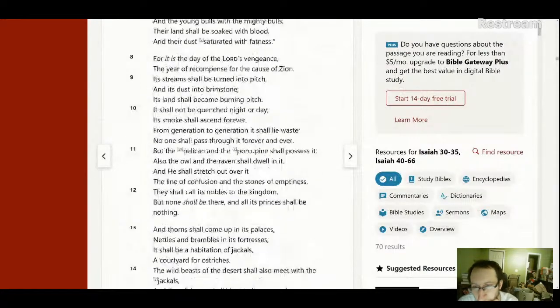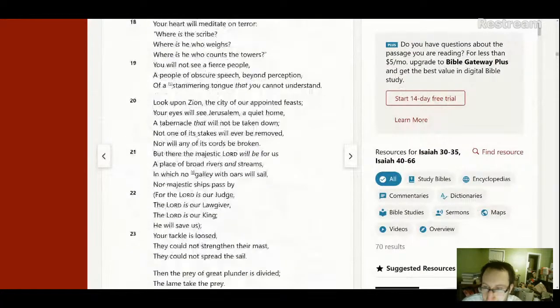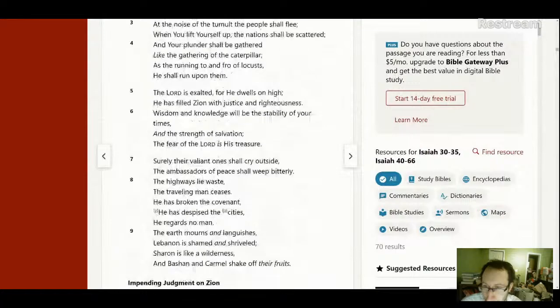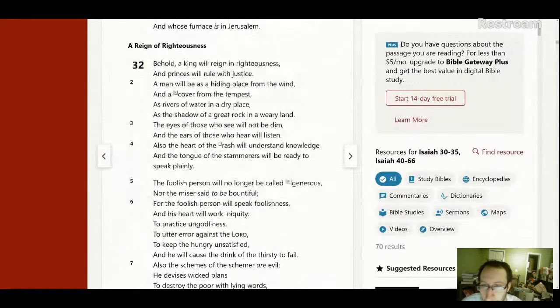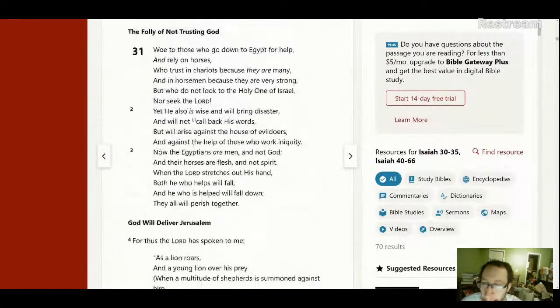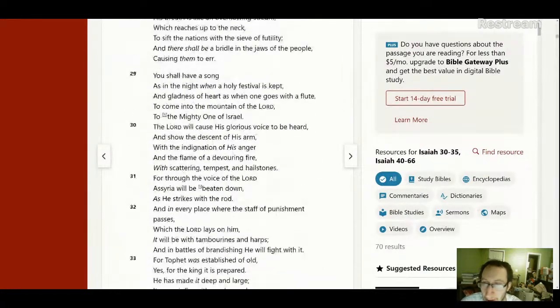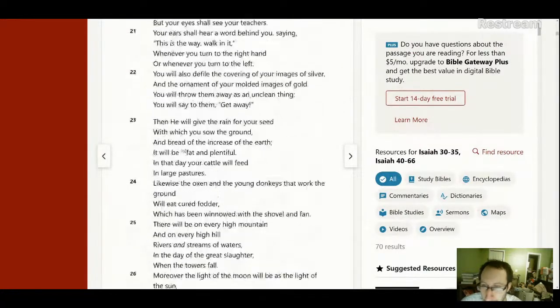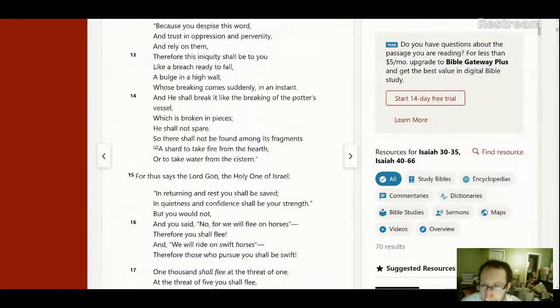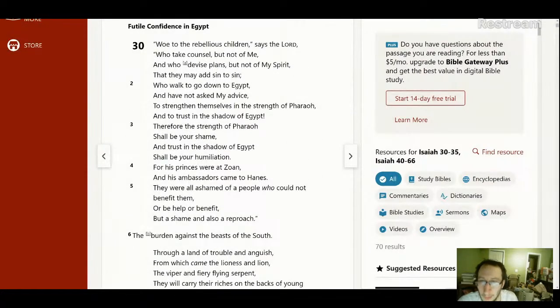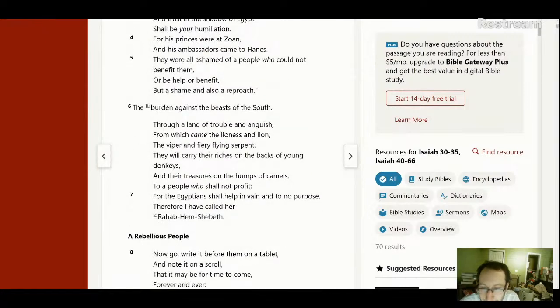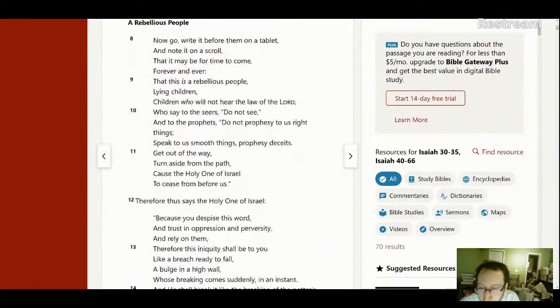Well, let's go back a little further to give you guys the context overall here. Okay, so we have here a burden against the beasts of the south.